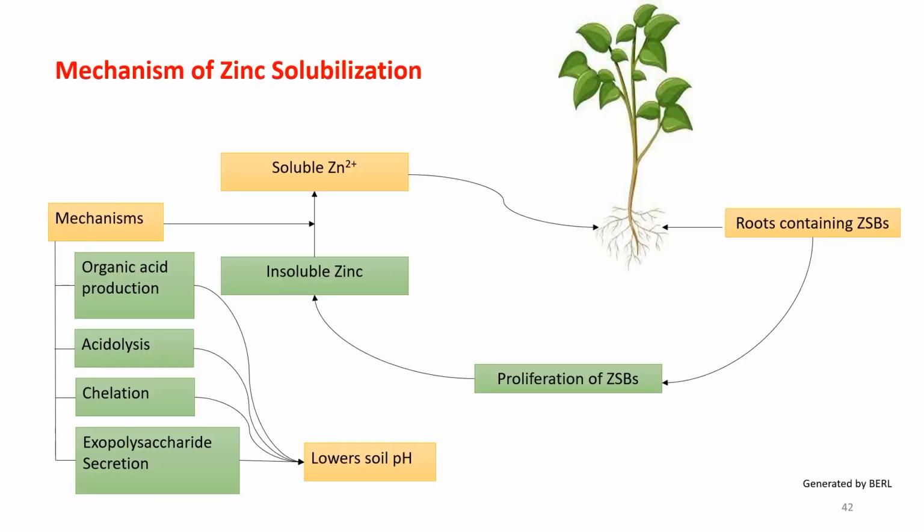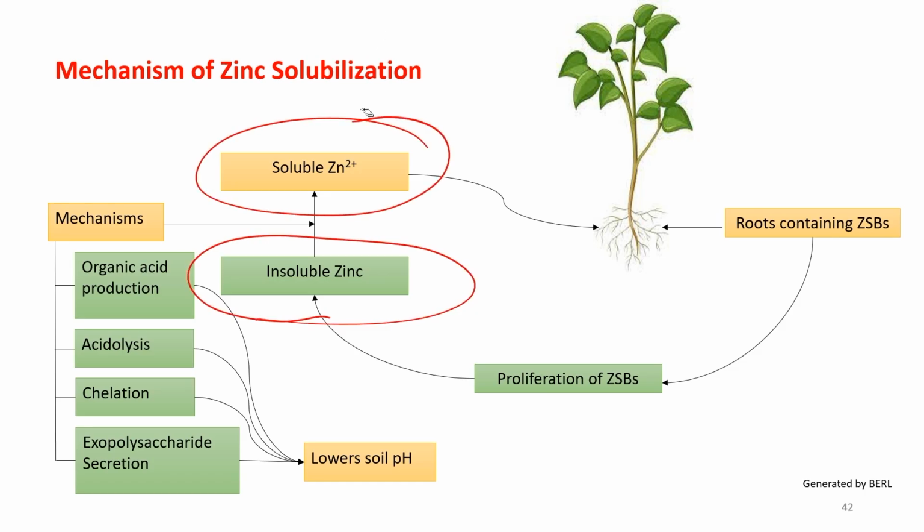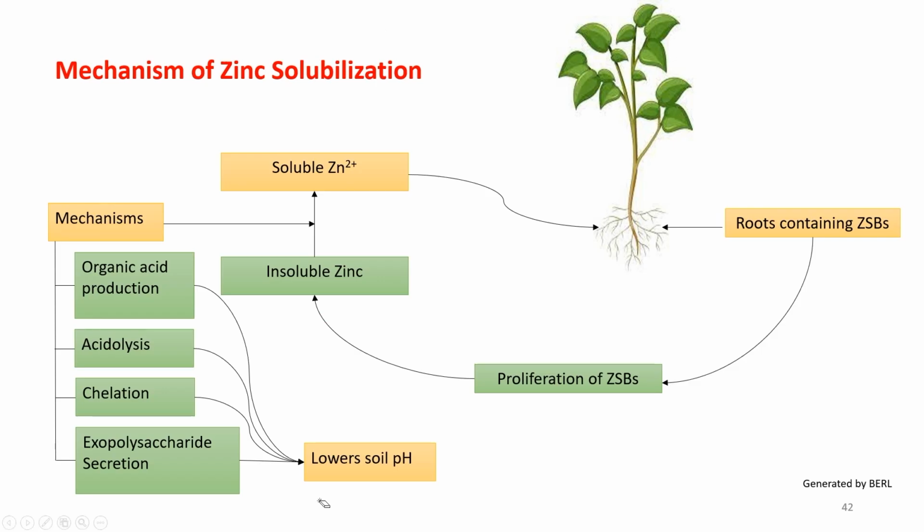Brassica juncea. So, if you look into the mechanism of zinc solubilization, we have organic acid production, and then acidolysis, then there is chelation, and then there is exopolysaccharide secretion. All these will lower the soil pH, and then the insoluble zinc will be solubilized by the action of these different mechanisms, and then it is made available for the plants to absorb.